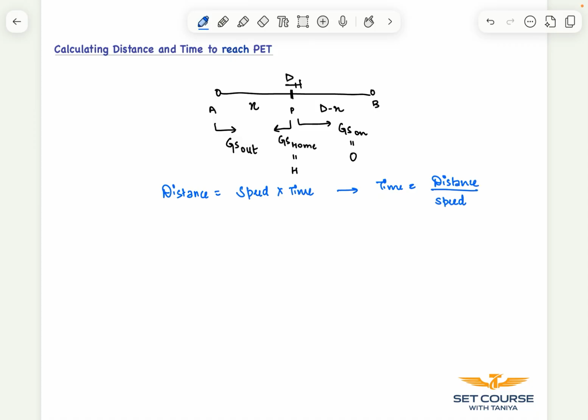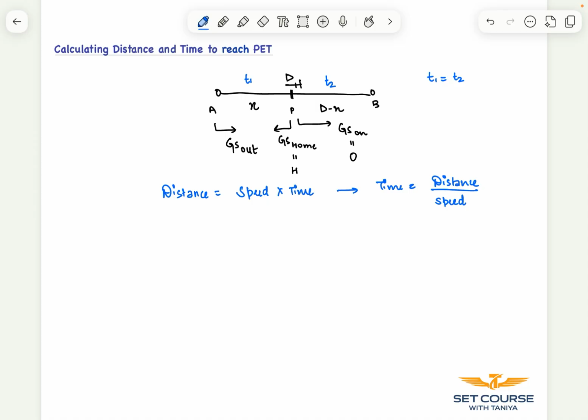Now, by the definition of point of equal time, we are aware that the aircraft will take an equal amount of time to come from point P to A, T1, and from point P to B, which is T2. So by definition of point of equal time, T1 is equal to T2.